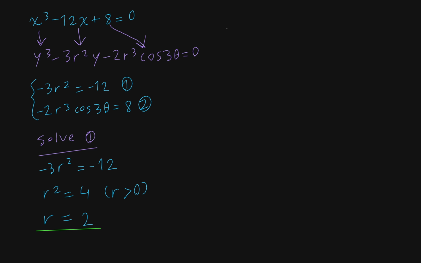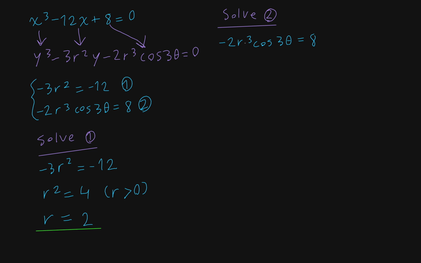Now we're going to solve equation 2. So we have minus 2r cubed cosine of 3 theta is equal to 8.